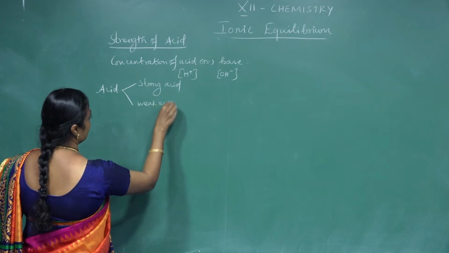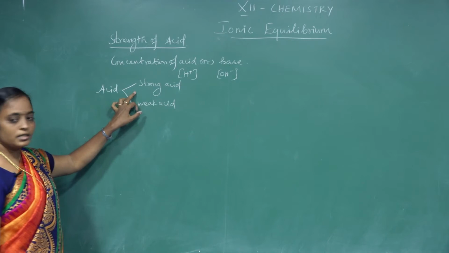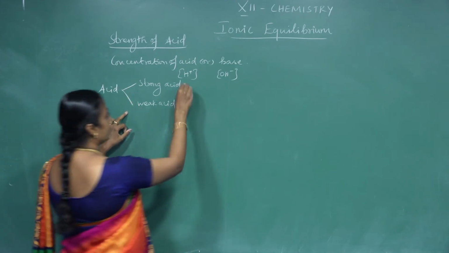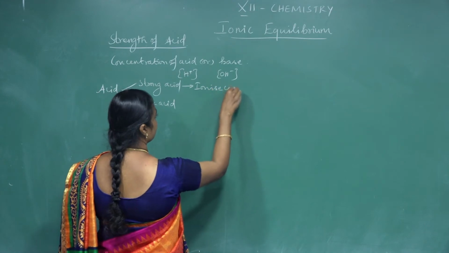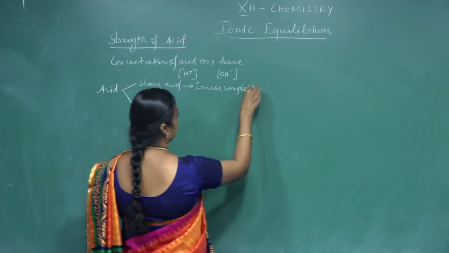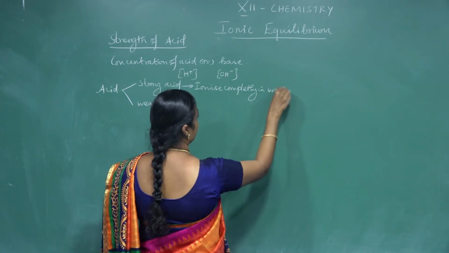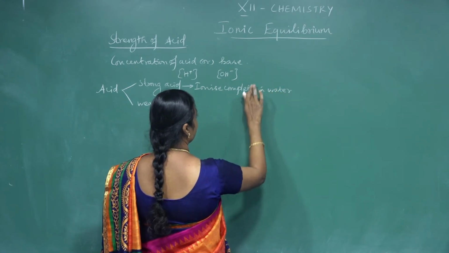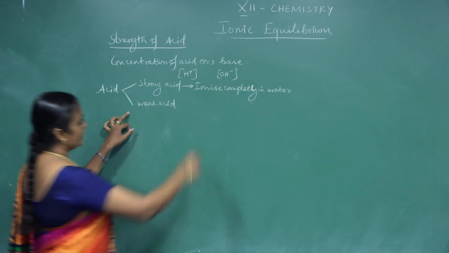and another one is a weak acid. So what does strong acid mean? The acid which ionizes completely in water, that is a strong acid. And what does weak acid mean?